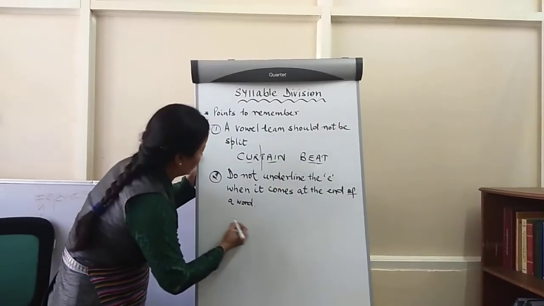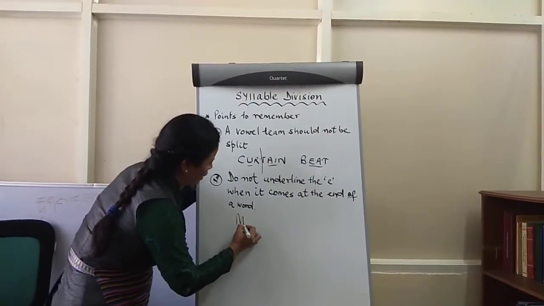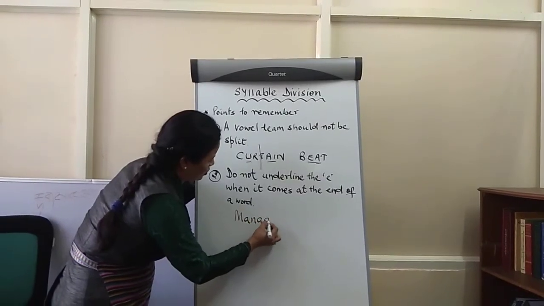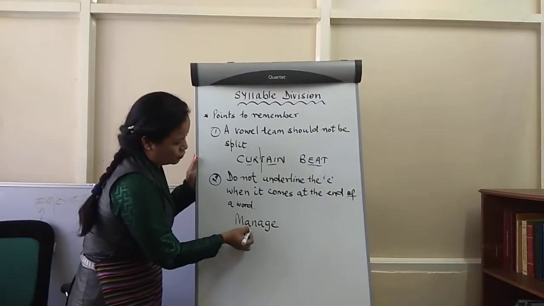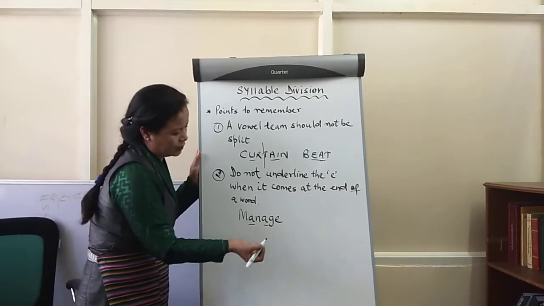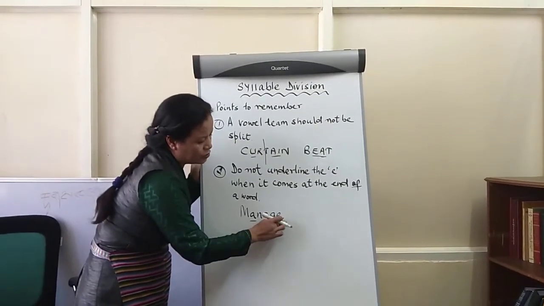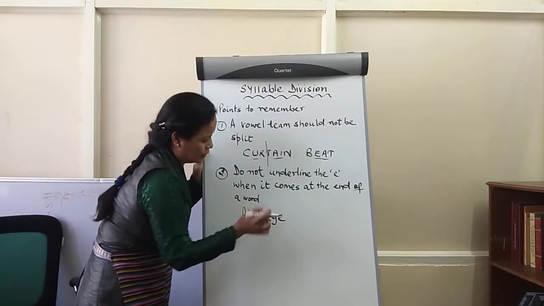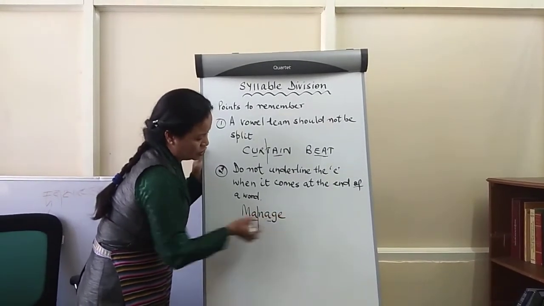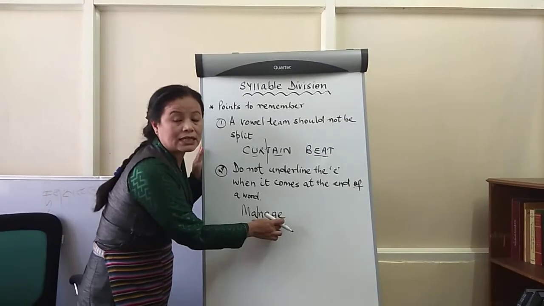For example, if we have the word manage, usually we would underline this, thinking E is also a vowel. But we will not underline E. So manage, E is silent.